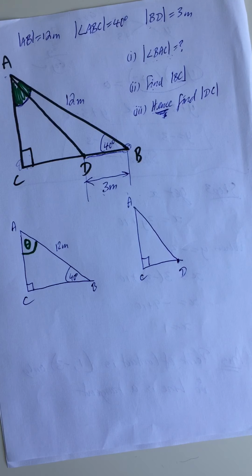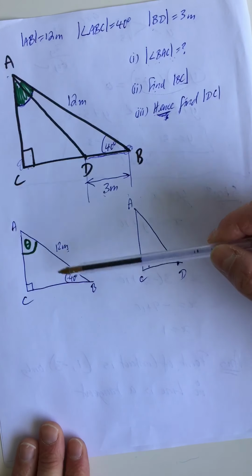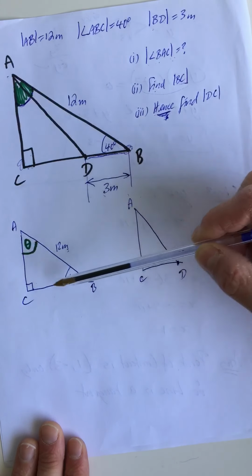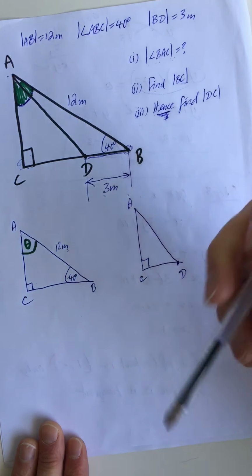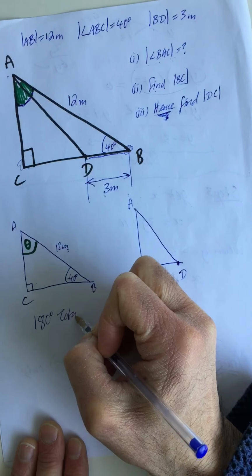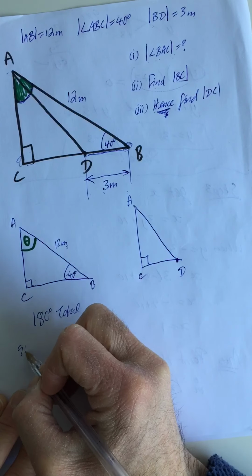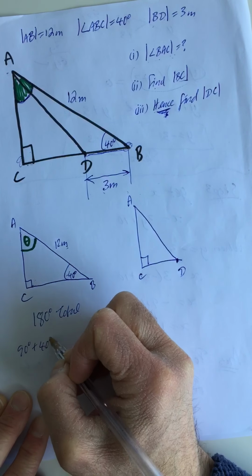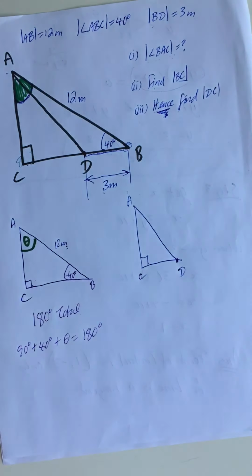Now, looking at this picture, could we write down what theta is? Well, we can't use SOHCAHTOA because we only know one side. But what we're allowed to use is the fact that the three angles in a triangle always add up to 180 degrees in total. We know this is 90, so 90 plus 40 degrees plus our mystery theta must add up to 180 degrees.